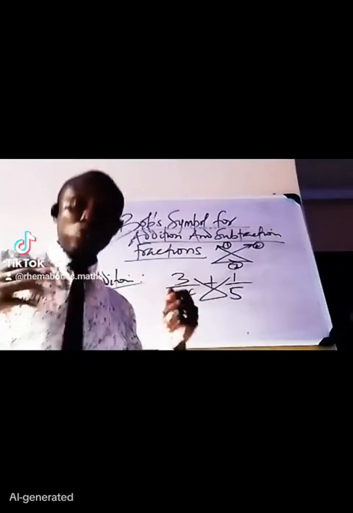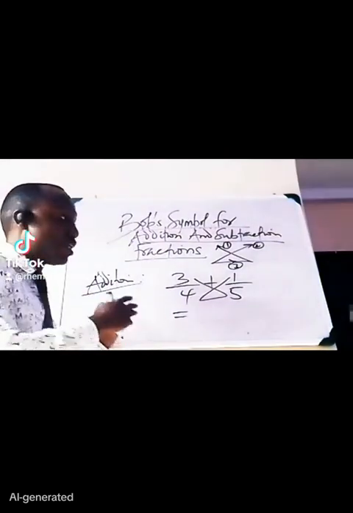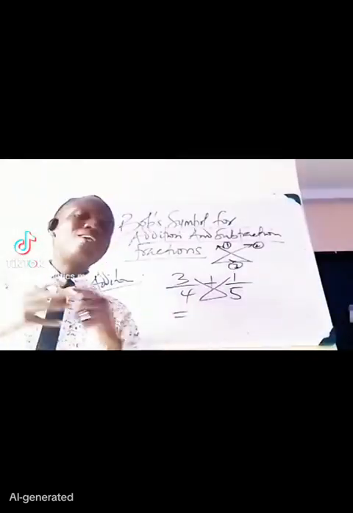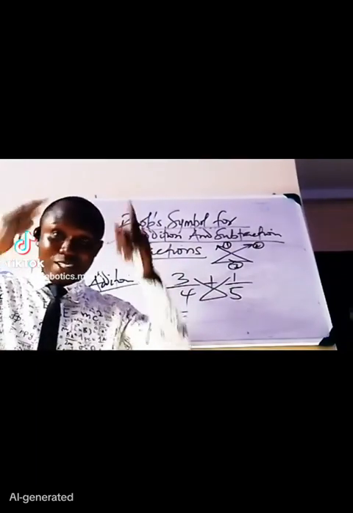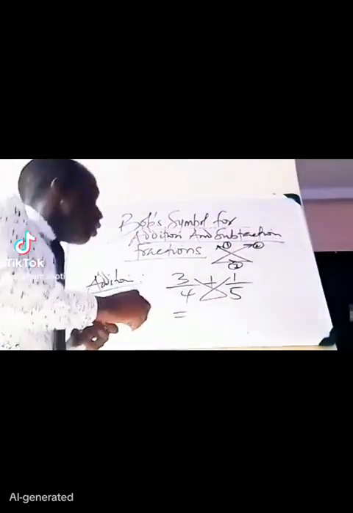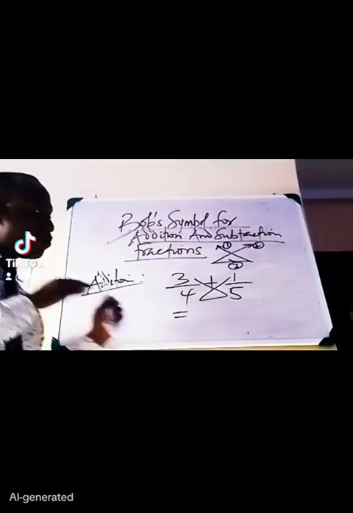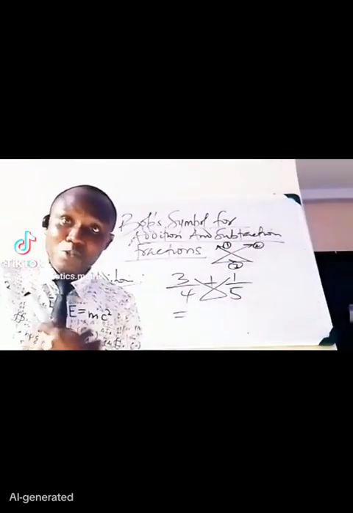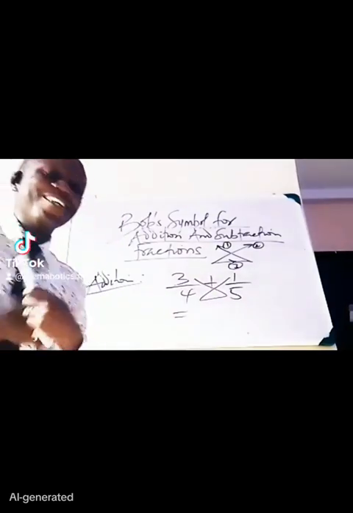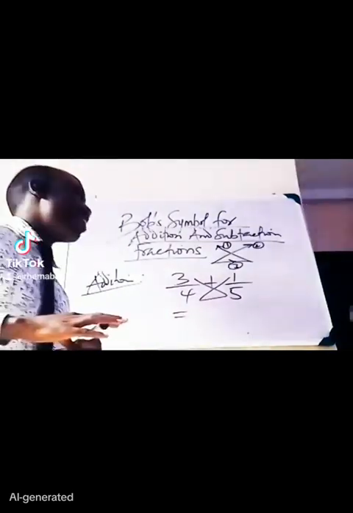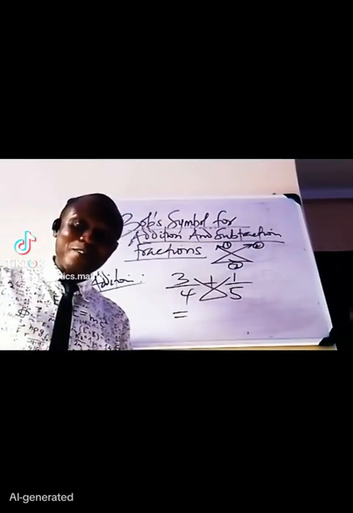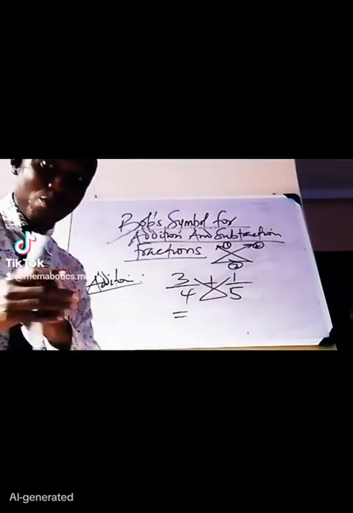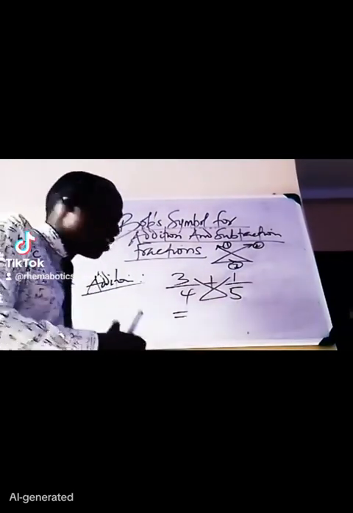Sometimes the numbers can be big and you have to start reducing them to the lowest terms. But let's look at what this method presents to us. It's something we can use during exams. That doesn't mean you can't use LCM. LCM still works. But let's work with this for now.